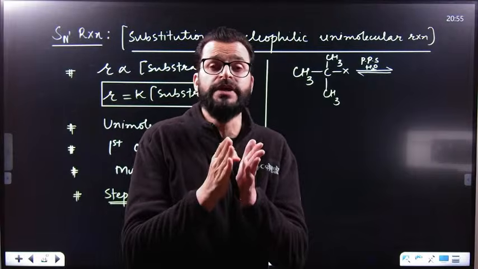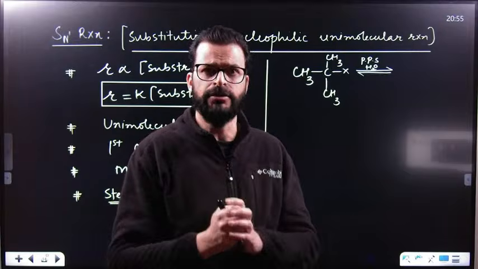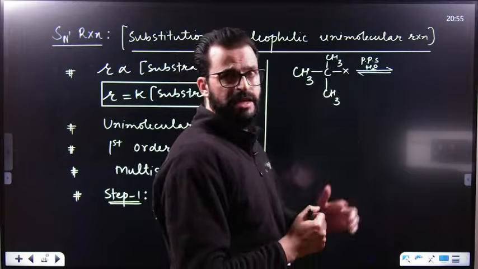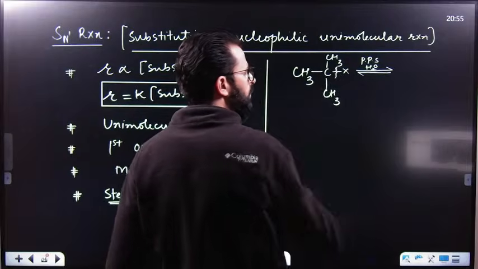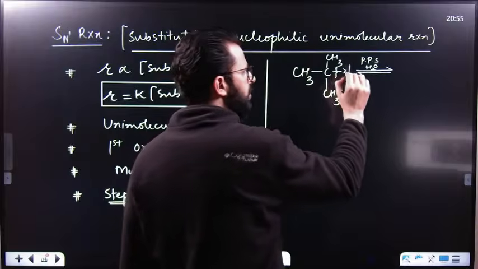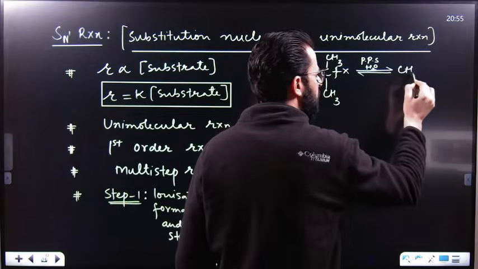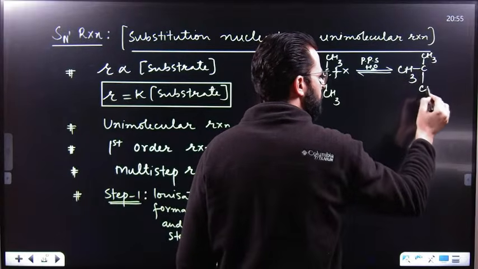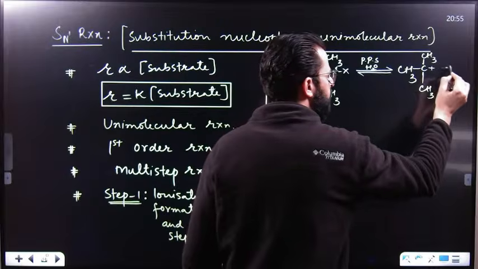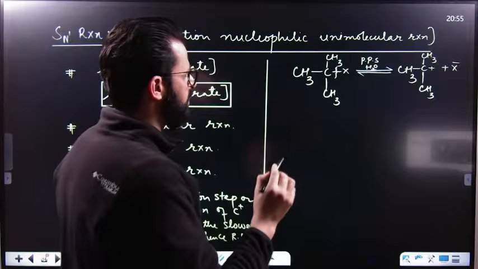That means these solvents have the highest tendency to separate ions apart. It will help in breaking of this C-X bond, and both these electrons will be taken up by X minus. So here ionization will take place, resulting in the formation of a carbocation. First of all, carbocation is formed, and then the leaving group will leave with electrons. Now, this is step number 1.